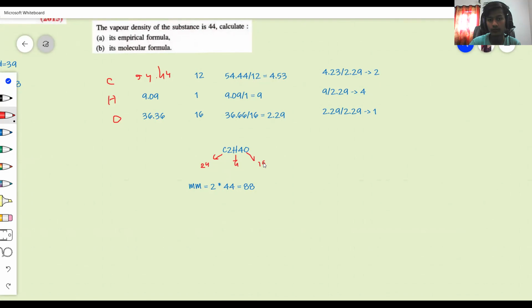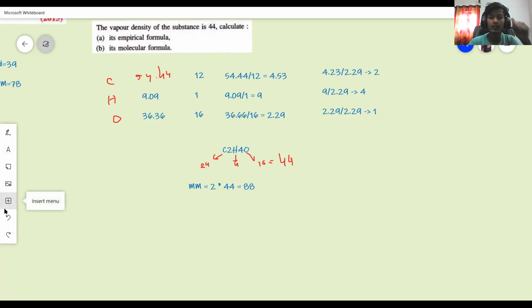So the total mass will be 24 plus 4 plus 16, that will be 44, right? Now n into 44 equals 88, and n comes out to be 2. Here n is the factor that relates the molecular mass to the empirical formula.